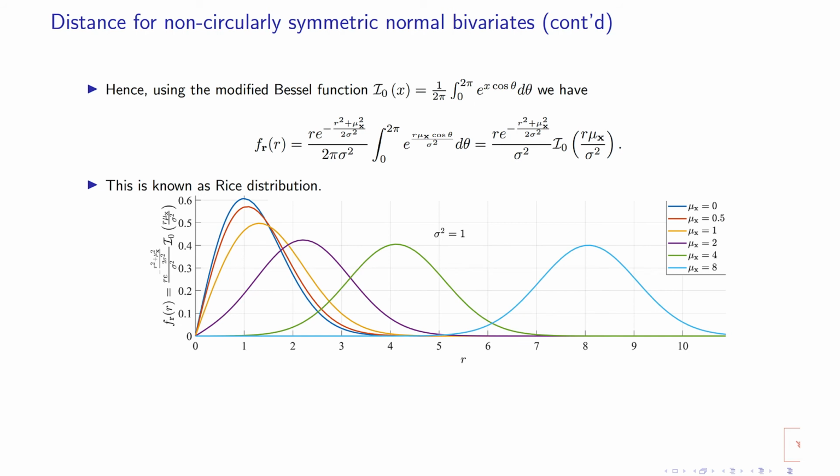Anyway, if we plot this distribution for different values, because you have two parameters here, a parameter mu and a parameter sigma squared. If I set sigma to 1 and plot this function for different values of mu, if mu is equal to 0, you get the Rayleigh distribution, which gives you this blue function.